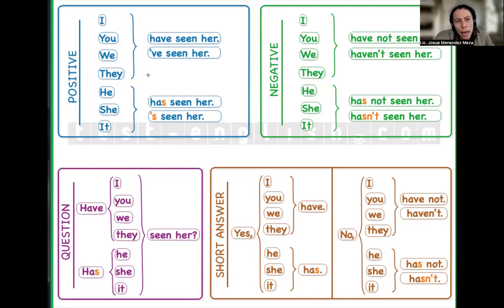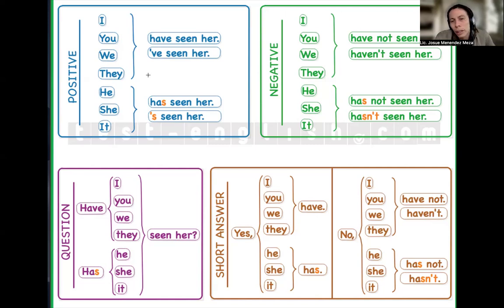In this case, I have seen her, or I've seen her. Now, that is the contraction, so you have to use the apostrophe plus the ve. We have to use has when we are talking about third person. We have here the example: he, she, it has seen her.